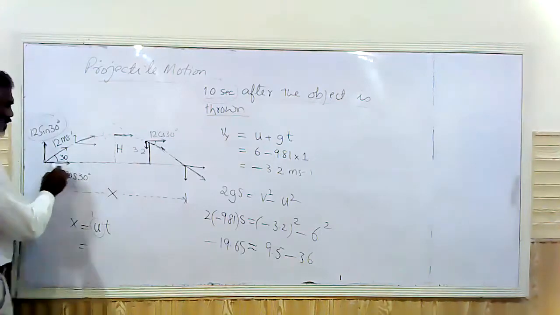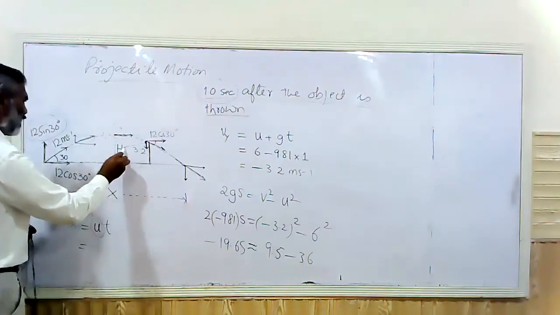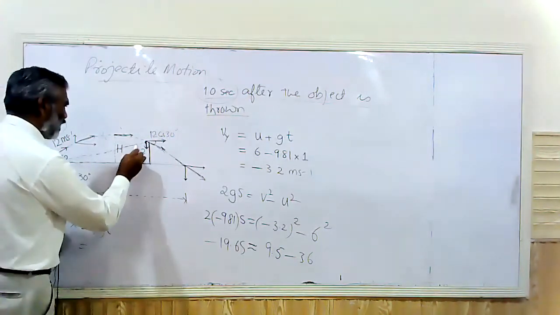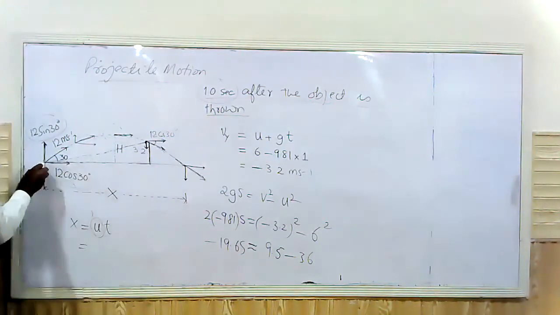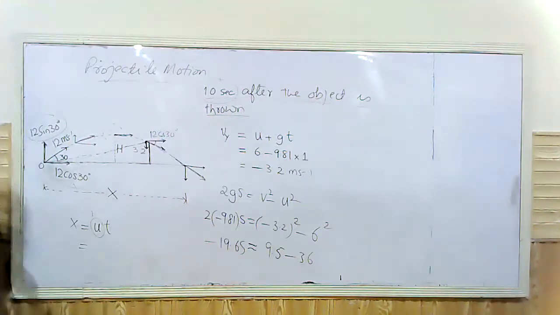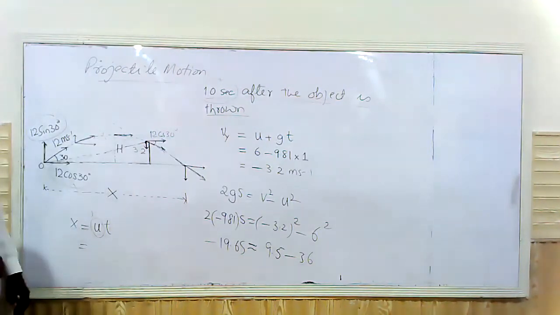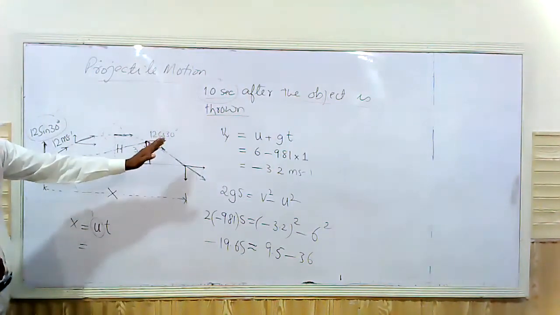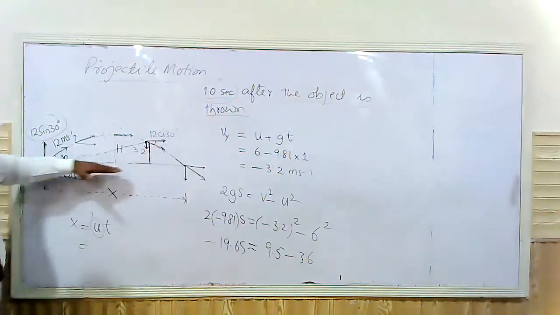If I use this and this, I can calculate its final position from the origin, from the point from where it was thrown. In fact, this is its displacement. This is the height at which it is at 1 second. This is the horizontal distance.